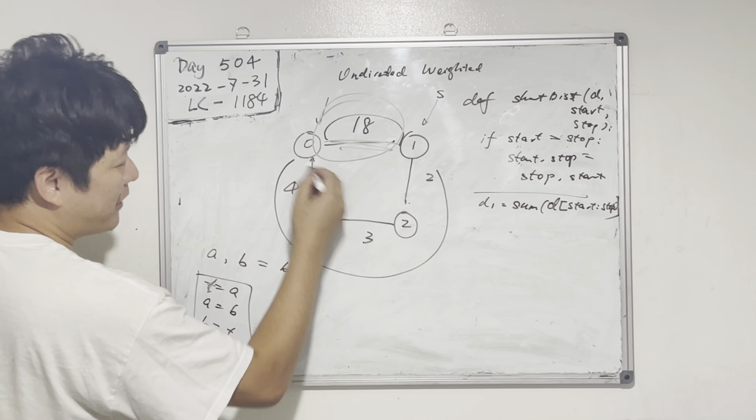This is start and this is stop. Another way would be to calculate this bit plus this bit. Okay, so this d2 can also be written as the sum of d up to start plus sum d stop to the end.